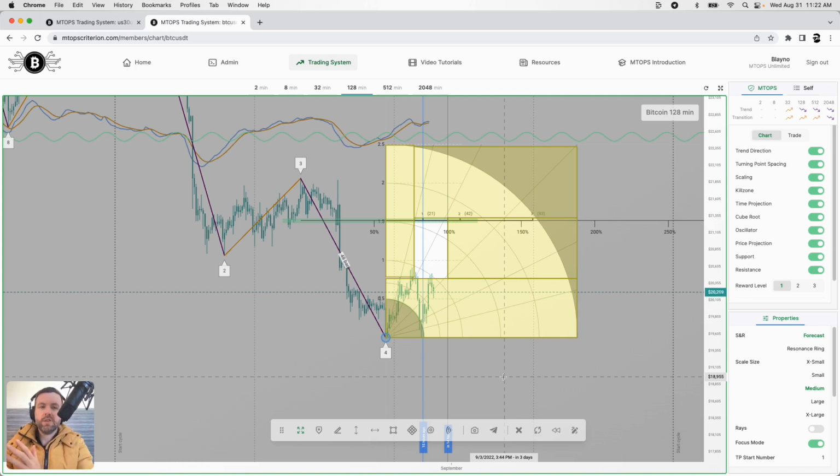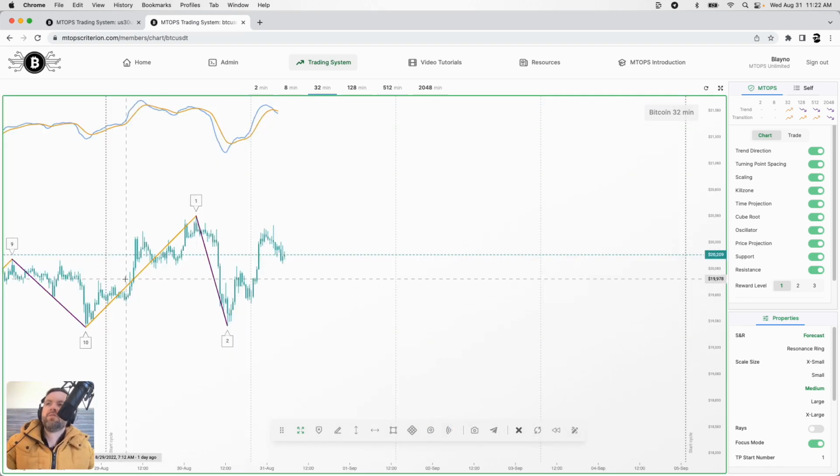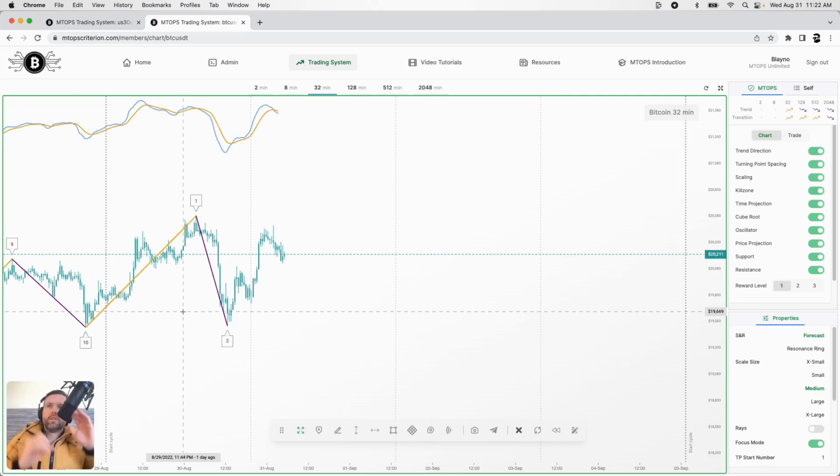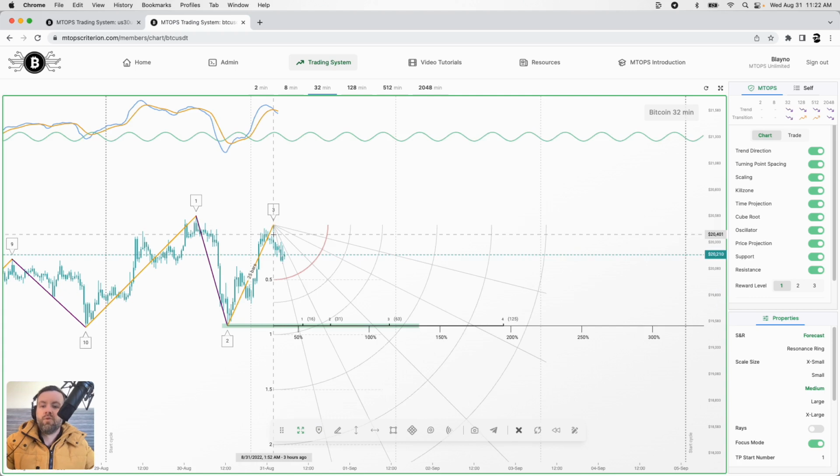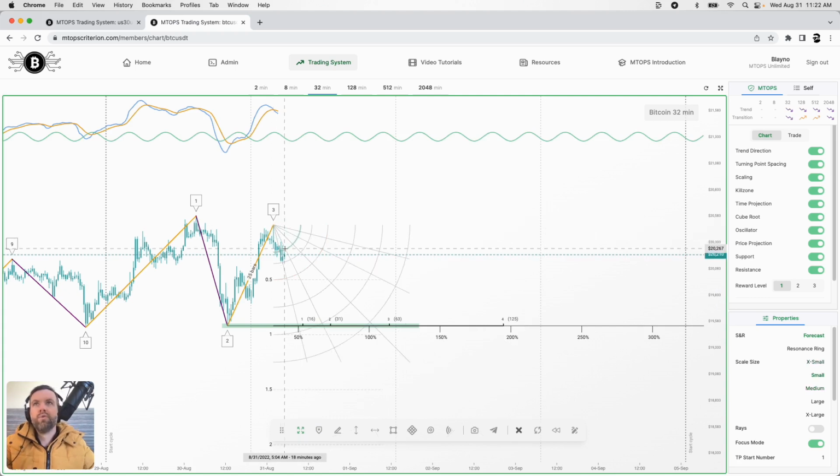Let's move down to the charts that are more relevant to my immediate action. Look at the first two turning points. It's pushed the third high into the next quadrant, which means that 3 is going to form there, and we're looking for a 4. The nice thing about having multiple time frames is that they speak to one another.